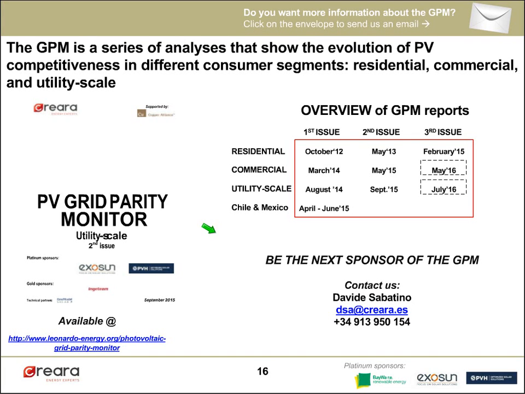And you can see here on the right that we're planning on publishing the commercial segment issue in May 2016, as well as the utility scale issue in July 2016. So by then I'm sure we will find some more interesting conclusions on the situation of PV installations.